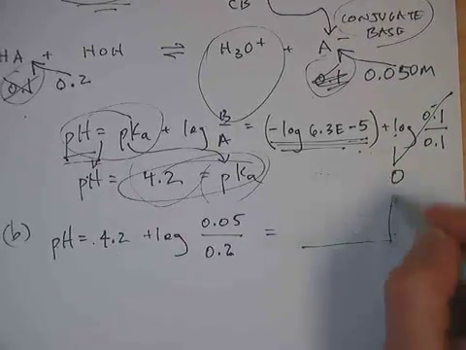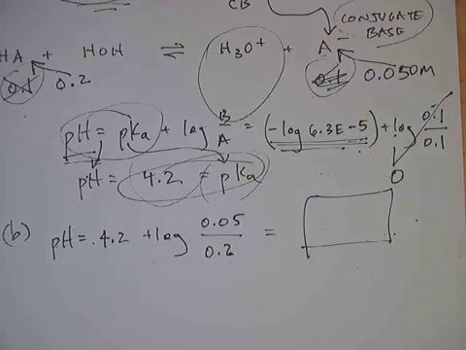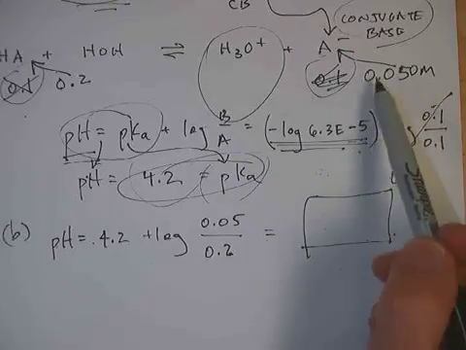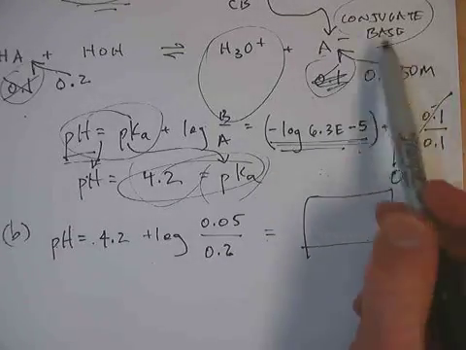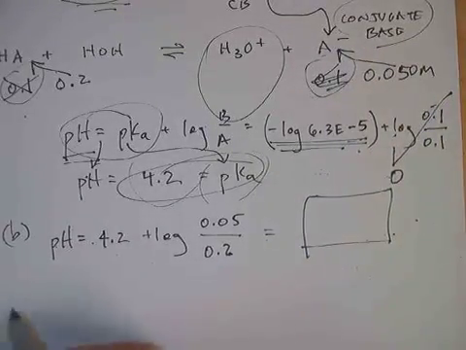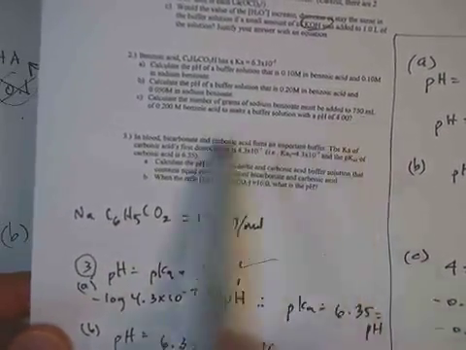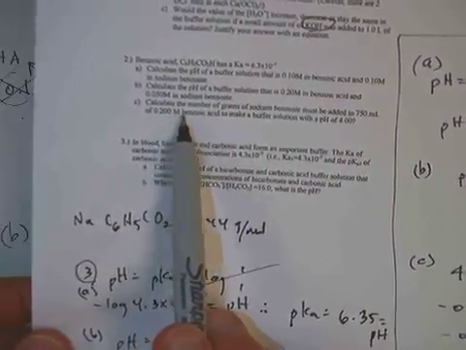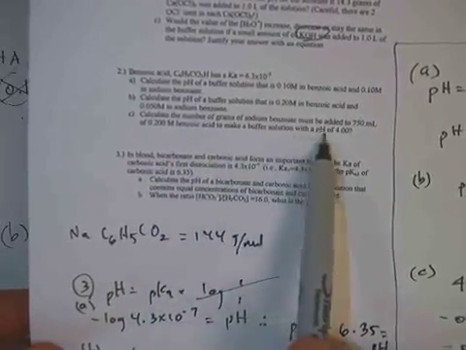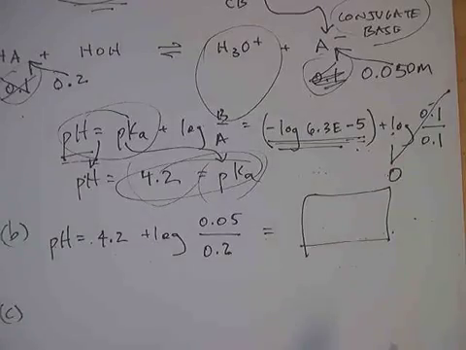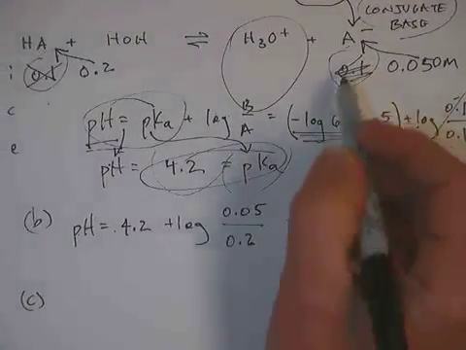So in letter B, pH is equal to 4.2, because remember that's the pKa, plus the log of the base, which is my 0.05 molar, divided by my acid, 0.2. I'm going to leave this part for you to work, and you can come up with what the pH is by punching the buttons on your calculator, and you can figure out how the pH would change now that we've changed the ratio of the acid to the conjugate base portion.